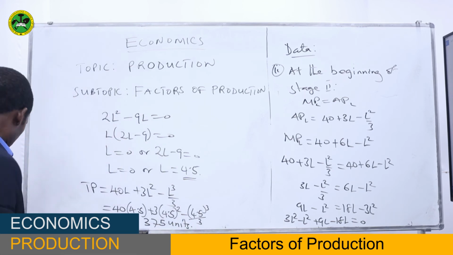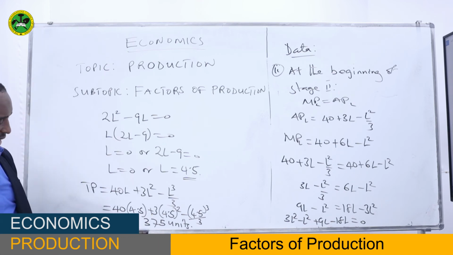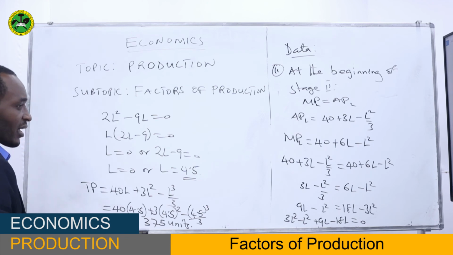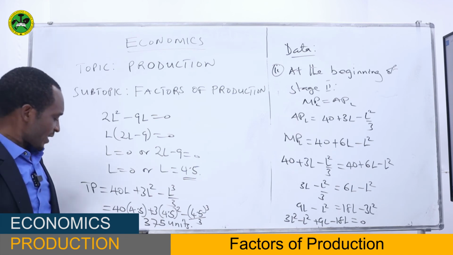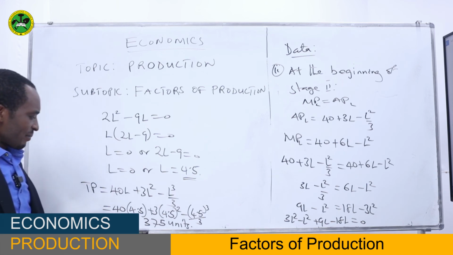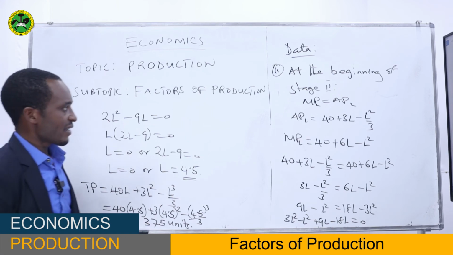When you use your calculator to simplify this, the answer will be equal to 210.375 units. So the output at the beginning of stage 2 will be 210.375 units.